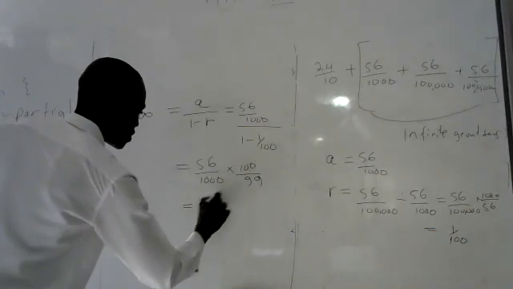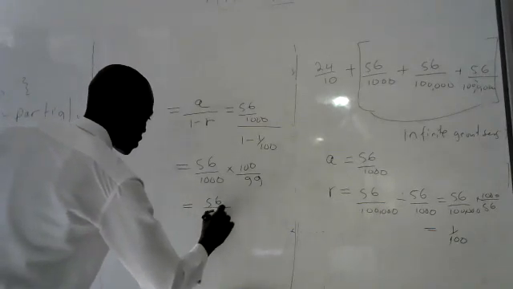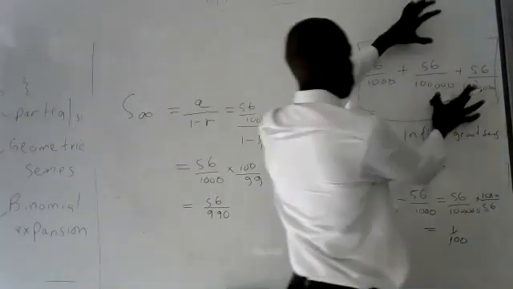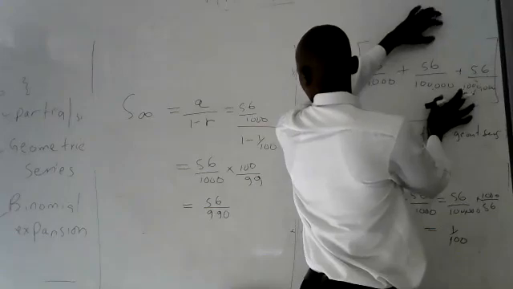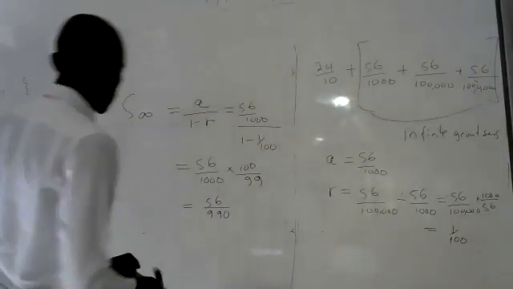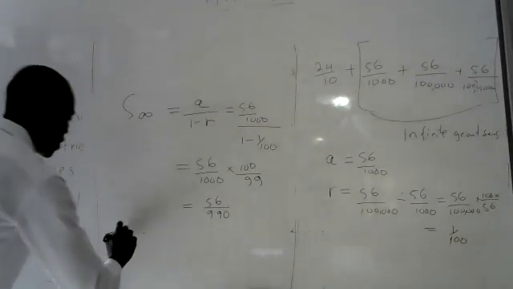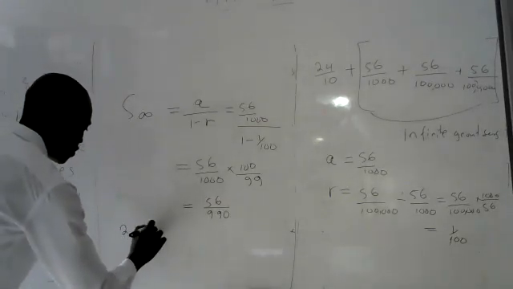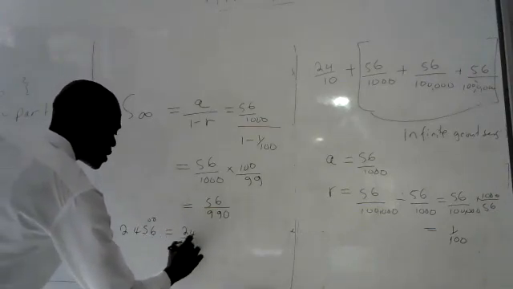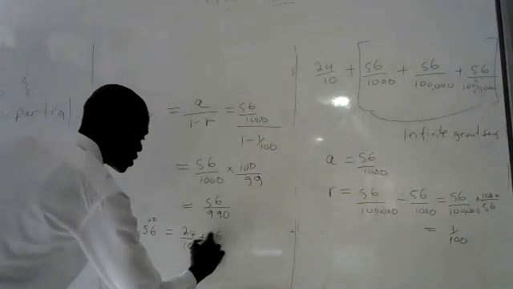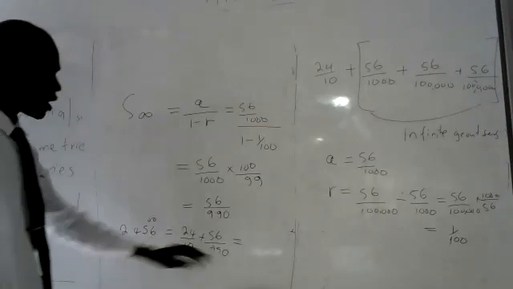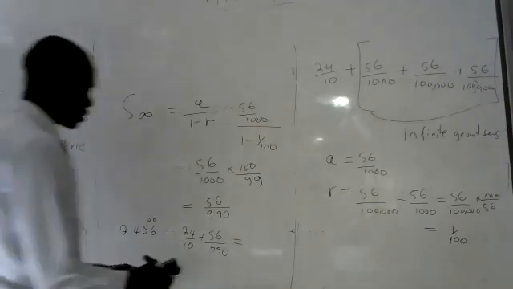So we get 56 divided by 990. So this second part is simply 56 divided by 990. So let's see. Our number 2.456 recurring should be 24 divided by 10 plus 56 divided by 990. Can someone work this as a fraction and give us?